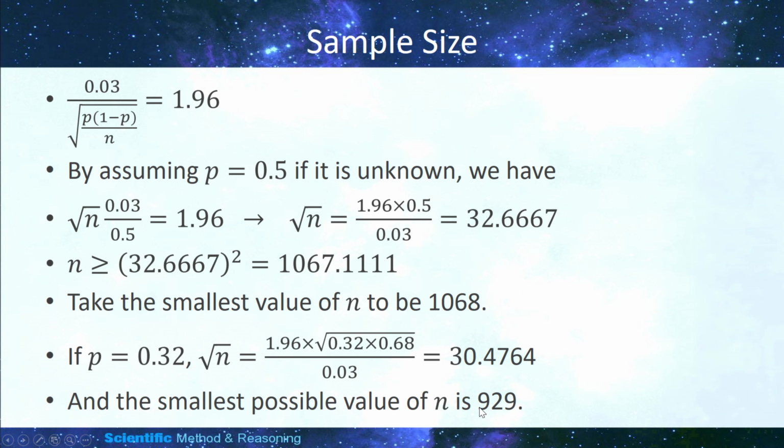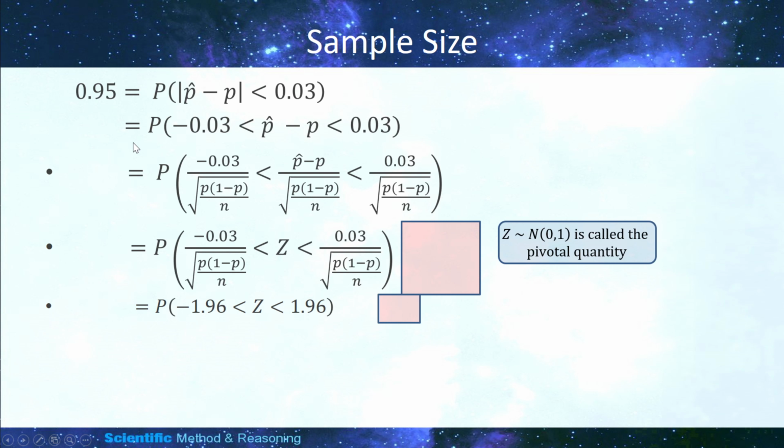So we need fewer observations when p is not that close to 0.5. So assuming p equals 0.5 will give you a conservative sample size such that this inequality is always true, with at least a probability of 0.95.